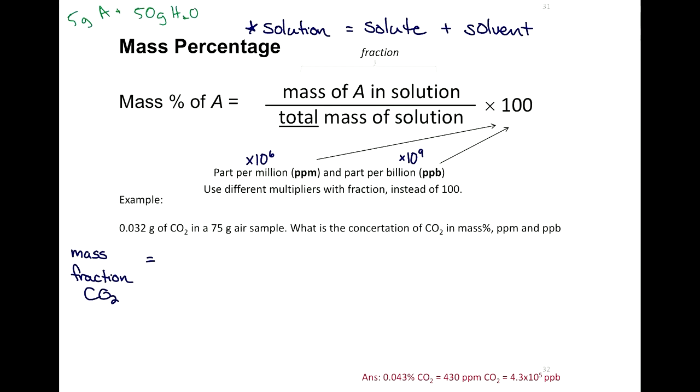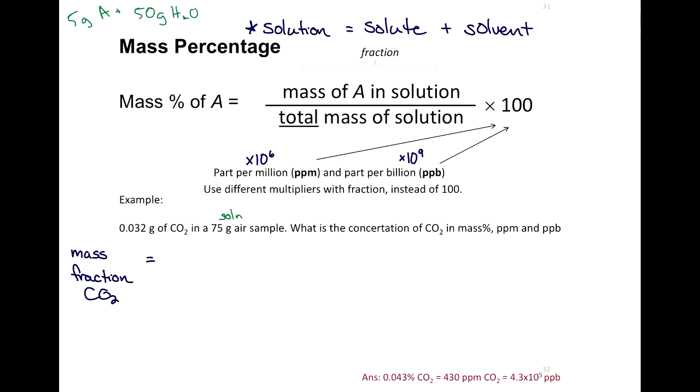percent, parts per million, or parts per billion. So let's calculate the mass percentage of CO2 in an air sample. All right, so I give you the mass of CO2 and the mass of the air sample. So that's 75 grams. This is, in fact, our solution that's going to go into the denominator. So my strategy here is let's calculate the fraction first, because this question's asking, okay, give me the percentage, parts per million, and parts per billion.